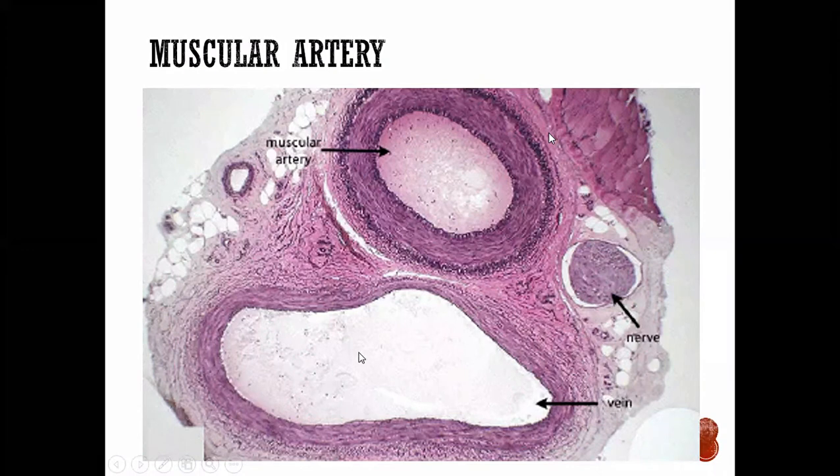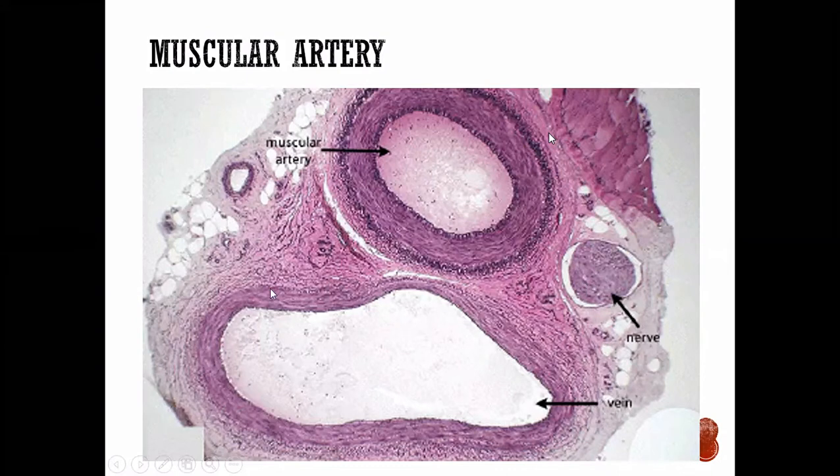And you have your tunica media, which is thinner than the tunica media in your muscular artery. Again, you see here the nerve. When you see cells in this area, those are not red cells; these are red blood cells. The cells here would be a nerve.